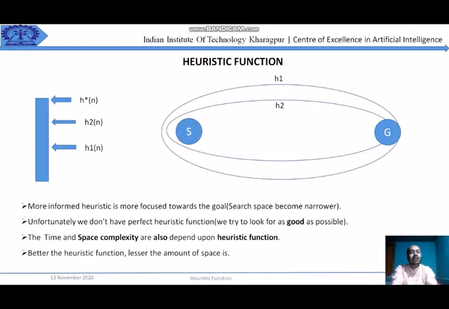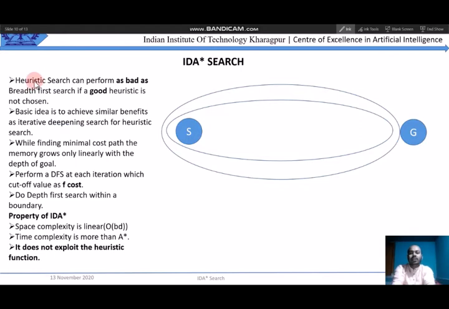But the heuristic function is a very good factor on which time and space complexity depend. The better the heuristic function is, the lesser the amount of space needed. So A star heuristic search can perform as bad as BFS if a good heuristic is not chosen. We have already discussed this. The basic idea is to achieve similar benefits as iterative deepening search for heuristic search, where, while finding the minimum cost path, memory grows only linearly with the depth of the goal. So we know that.